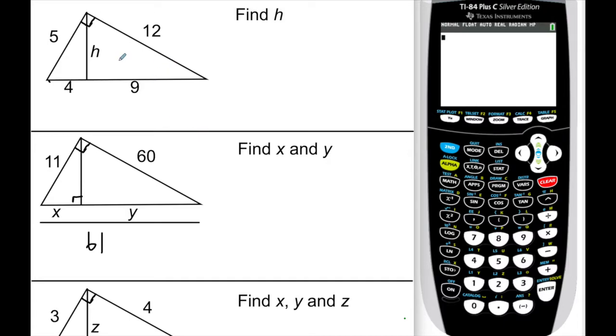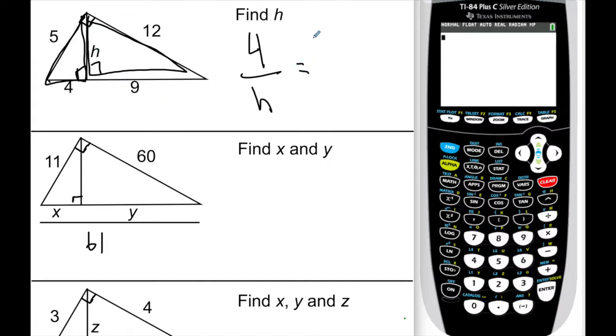Okay, so here, all I need to do is find H. So let's take a look. I'm going to use the fact that I've got some triangle similarity here. I know that this triangle is similar to this triangle by AA. They all follow that pattern. So what I know is that 4 is the height of the first triangle, H is the height of the second triangle.